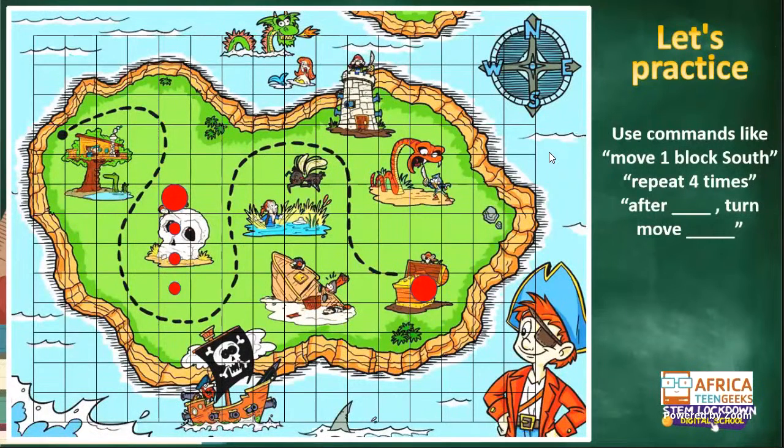We are going east. Can you tell me how many blocks we need to go east? 2. 2 blocks. There's 1 and 2. We are not at the treasure yet, so we will have to do more blocks. You know how many more? We've moved 2 now. Move here.